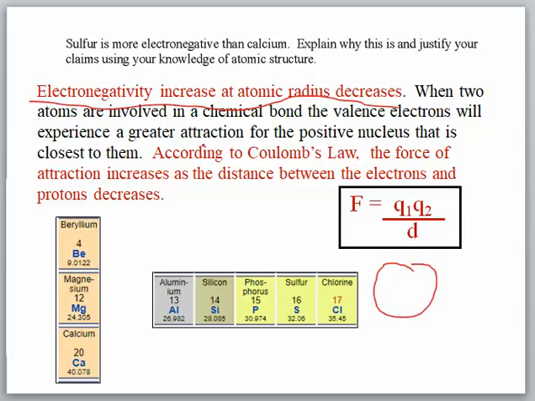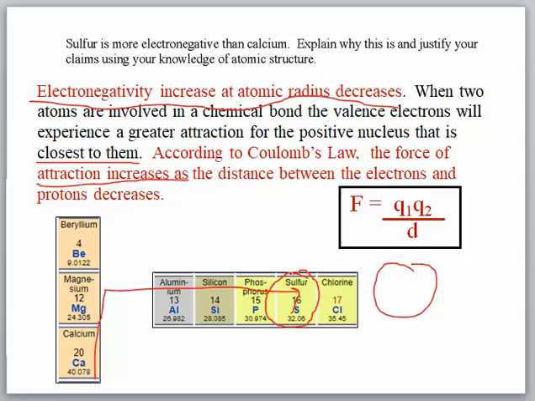When two atoms are involved in a chemical bond, the valence electrons experience a greater attraction to the positive nucleus that's closest to them. So the smaller your atom, the more they're going to hold on to those. According to Coulomb's law, the force of attraction increases as the distance decreases. So if you look at where your sulfur is located, it's up and to the right of calcium.